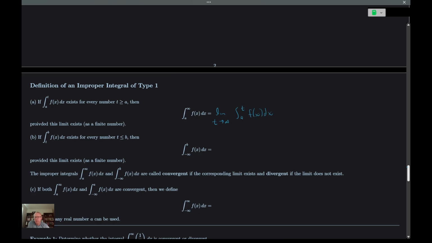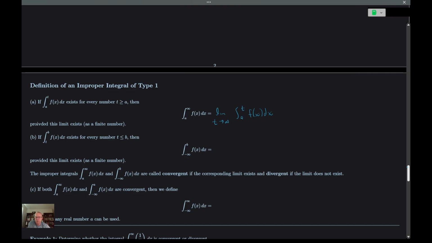And so we're just going to find the integral of this function, as we have learned before. Then we're going to evaluate the limits from a to t. Here a is of course just any number, whatever number we want. Then we'll take the limit as t goes to infinity, and that will give us the value of this integral.